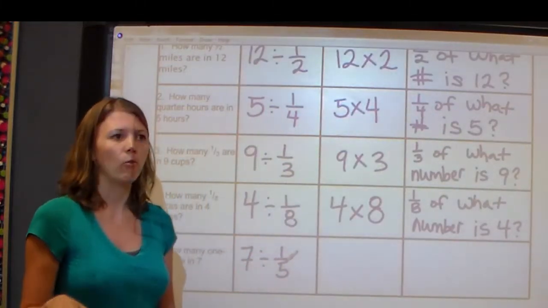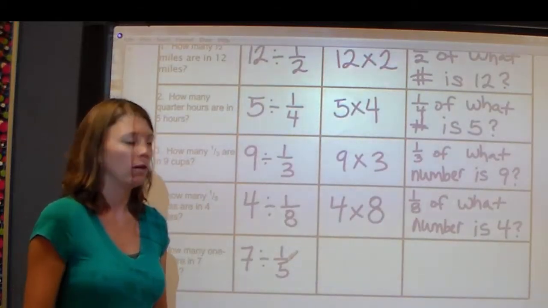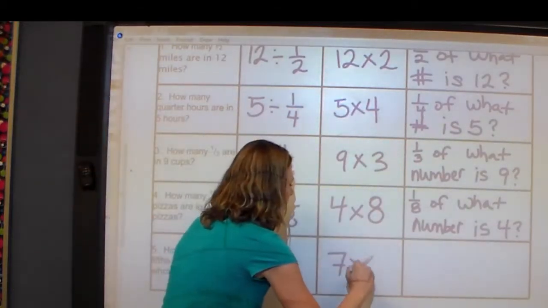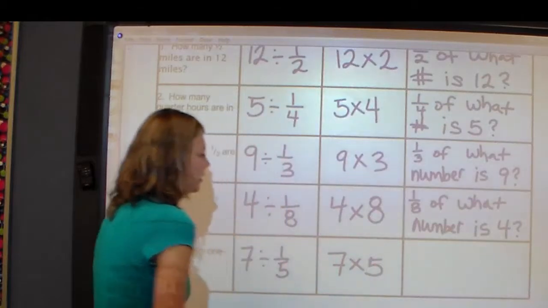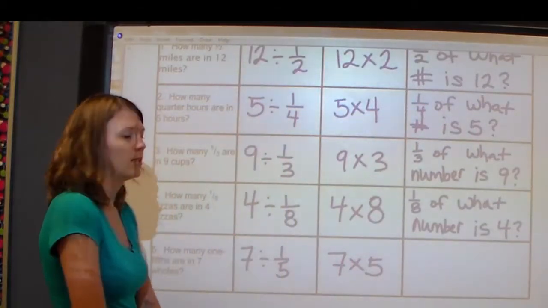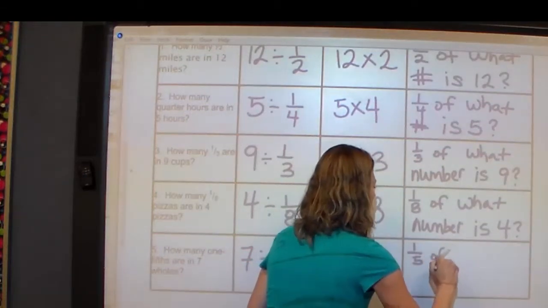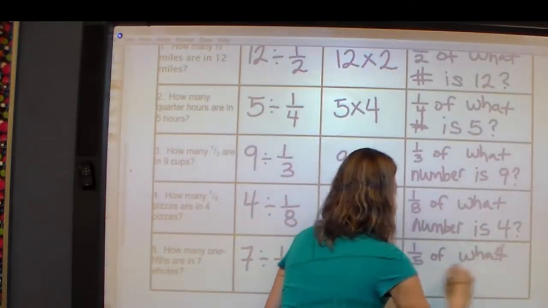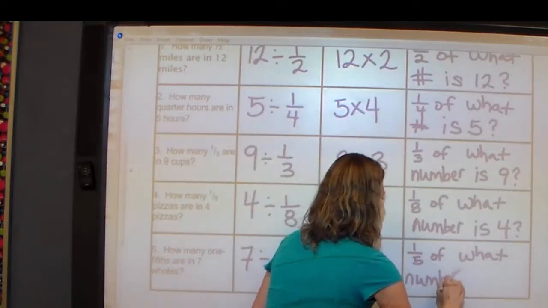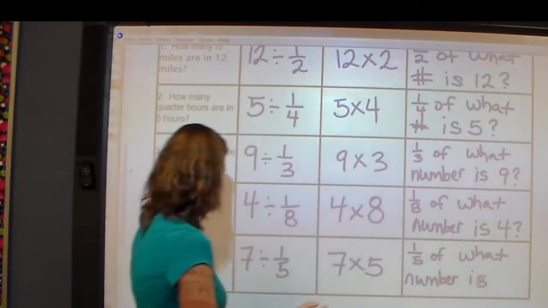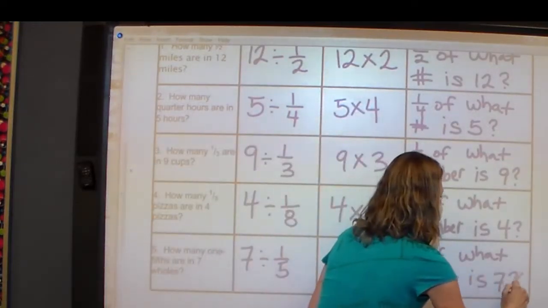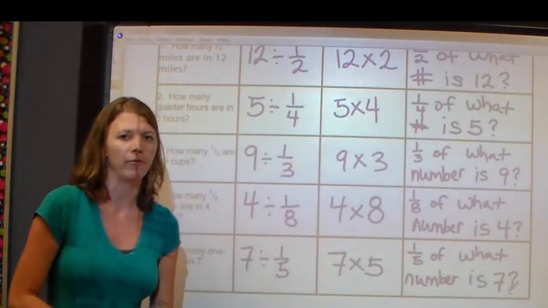So if there's 5 1/5 in one whole, then I would multiply 7 by 5 to get how many 1/5 are in 7 wholes. So again, my question is 1/5 of what number is 7? And the answer again was 35.